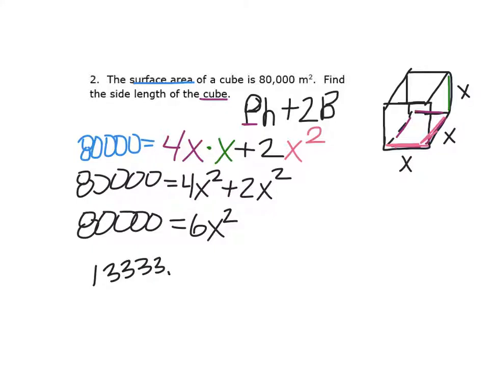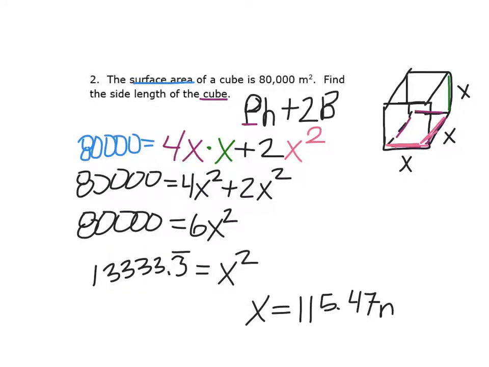So this gives us 13,333.3 repeating. This is equal to our x squared. And then you take the square root and we get x is going to be about 115.47, and we're in meters.